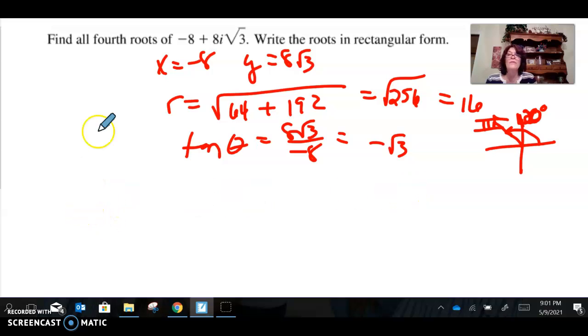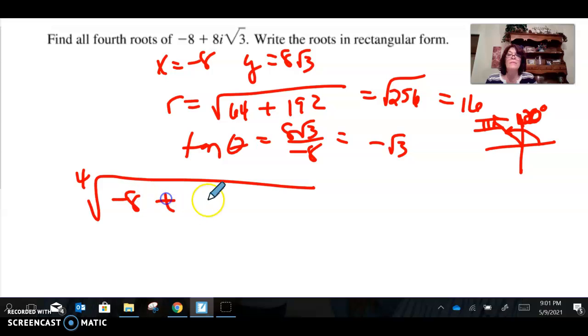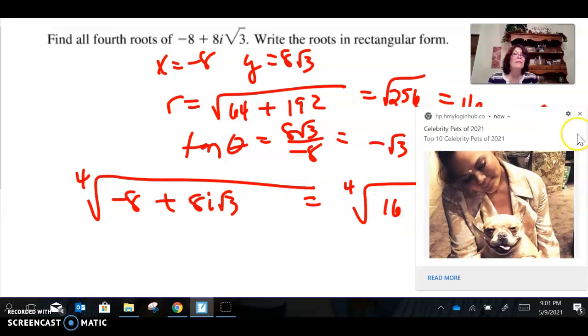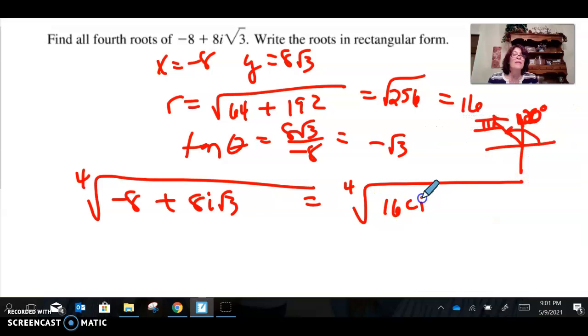So now what I want to do is take the fourth root of negative 8 plus 8i square root of 3. That's the same as taking the fourth root of 16 cis 120. I'm just going to use the shorthand.